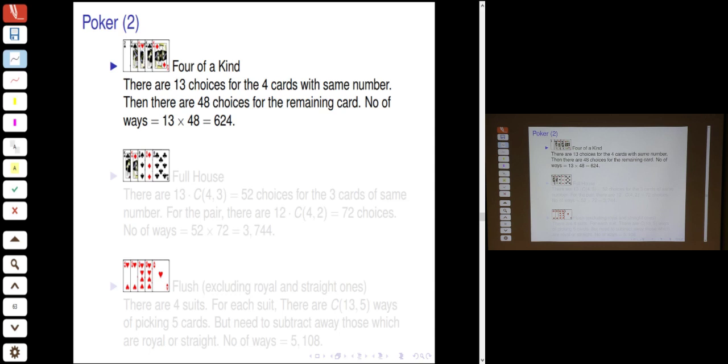The second step is to fill out the remaining one. So how many ways to choose the same card? Well, there are only 13 choices, right? From ace to king. So after determining the 13, you have to choose one more card. So there are 48 cards left. You choose any of them. So therefore, the total number is 13 times 48.